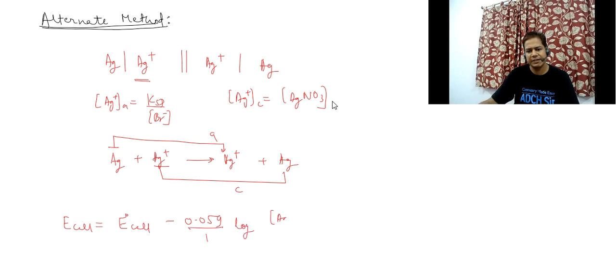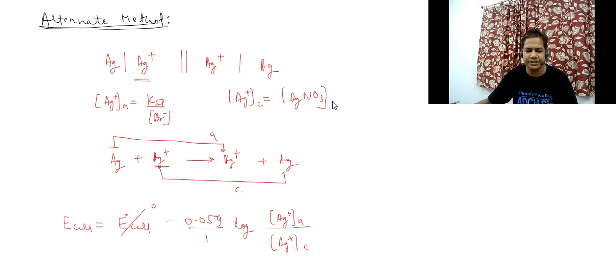Products will be Ag plus at anode. Pure solids, active mass is 1, so we will not write Ag in the expression of the reaction quotient. So log of Ag plus at anode upon Ag plus at cathode. Now as we have written it as a concentration cell, E naught cell will be 0.